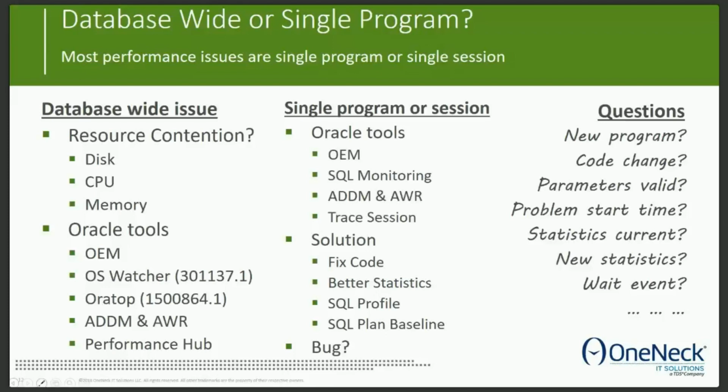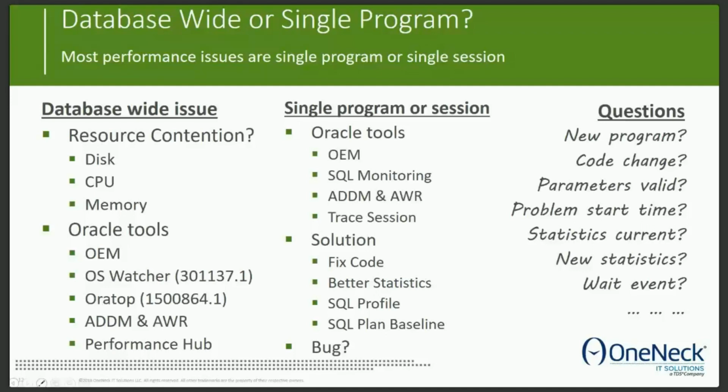But if it is a single user problem, then database-wide problems are most of the time easy to troubleshoot and easy to fix. Most of the time it will be a parameter or a disk or CPU contention or something like that. Sometimes the fix is to bounce the database after changing some parameter.